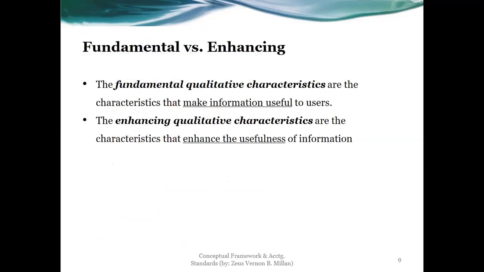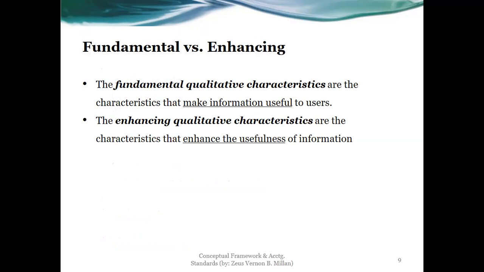All right. The fundamental would make information useful to users, and enhancing would enhance, meaning would add value to the usefulness of that information. So in other words, we cannot have just enhancing alone.